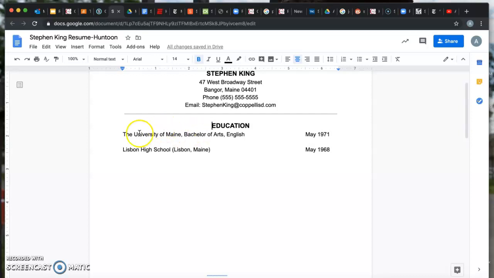And obviously his highest attained degree was his Bachelor of Arts in English from the University of Maine. Please make sure that you look at how I formatted that. Name of the school, degree earned, and then finally, when did I graduate? Stephen graduated from the University of Maine in May of 1971, with a Bachelor of Arts with an emphasis in English.